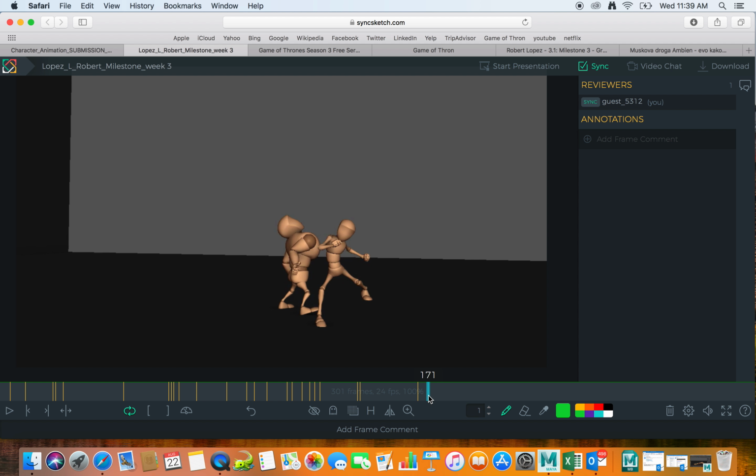So this kind of comes too late, but also look, his hips did not move at all. Only the upper part and the leg. The hips are in the same place.